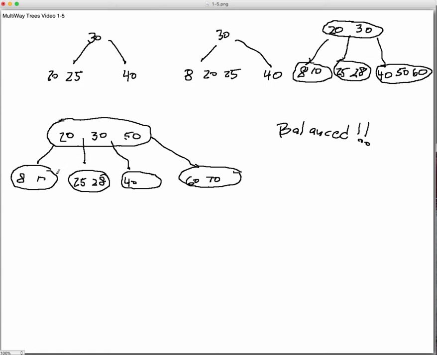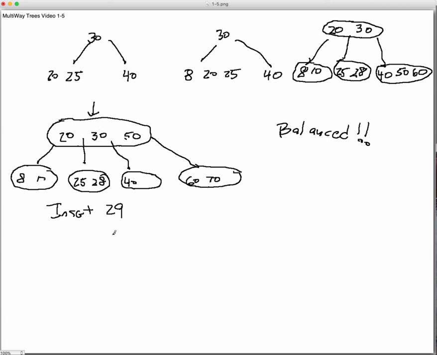Okay, and just to have a little more fun here, because I think you're getting the idea, why don't we insert another value? It really doesn't matter what the value is. Let's suppose I wanted to insert 29. So I come over here. Remember, I'm going to have to maintain a reference to the top of this thing just like that. Now I come over here, and remember, I'm on the way down, and I've already encountered a node that is full.